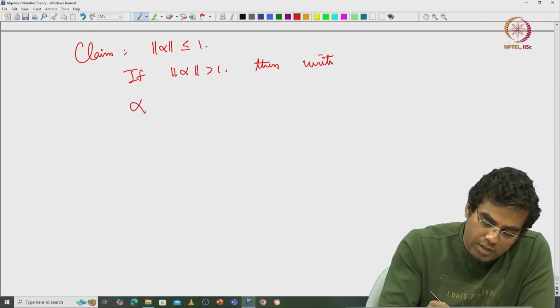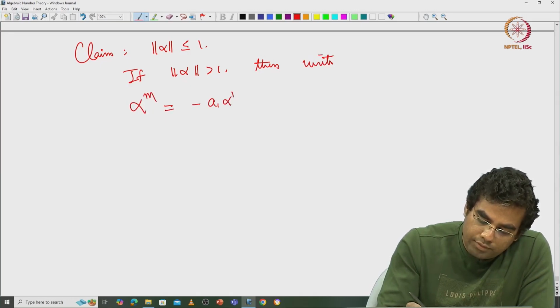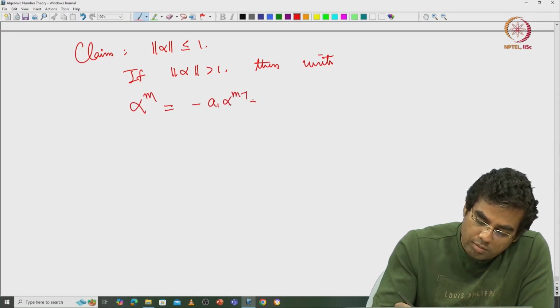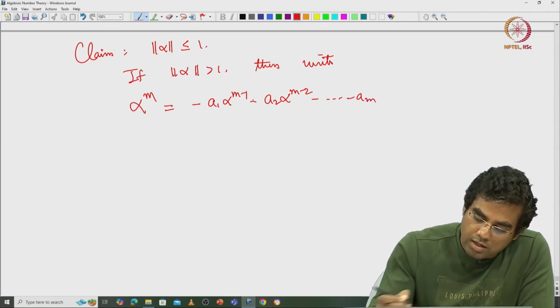So, what I will do is I will write alpha to the m as minus a1 alpha to the m minus 1, minus a2 alpha to the m minus 2, and so on up to minus am.